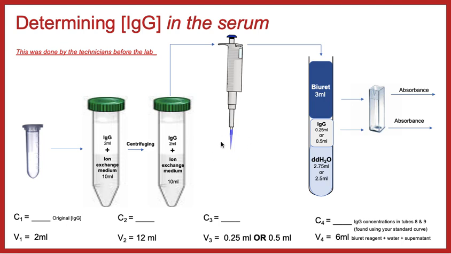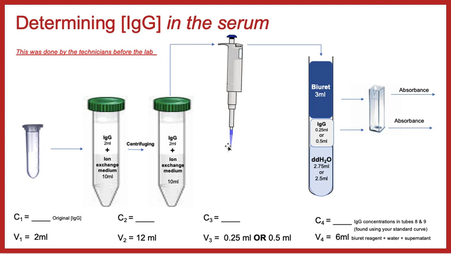So C3V3, where C3 is your unknown, is equal to C4V4. Remember, our concentration C4 we're going to find from our standard curve, and V4 is 6 milliliters. That was our volume. So you can find, when you aspirate this, what the concentration is in this little amount that you aspirated.